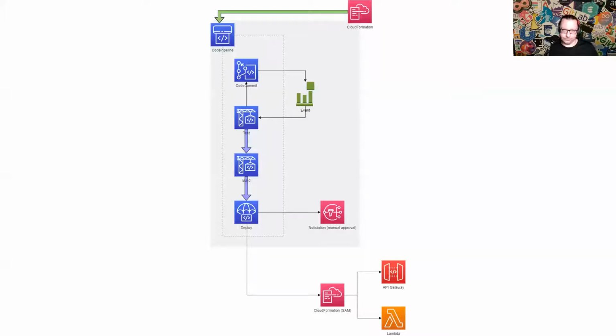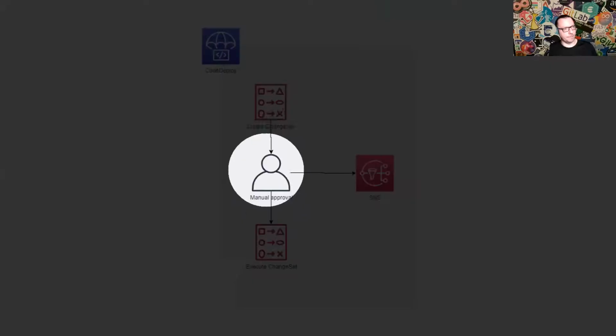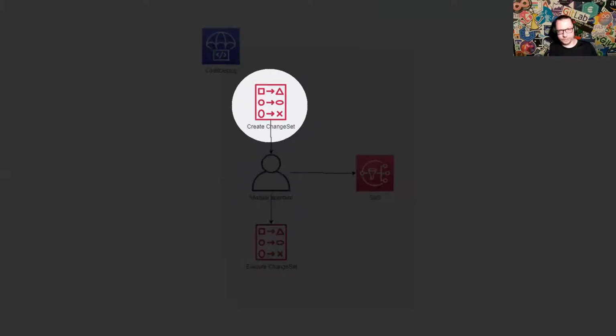But CodeDeploy is not only one block like I have here. So let's zoom in on our block. This is how our CodeDeploy looks. We have 3 steps. We are creating change sets, which means we are checking what is actually deployed and what is the change inside the project.